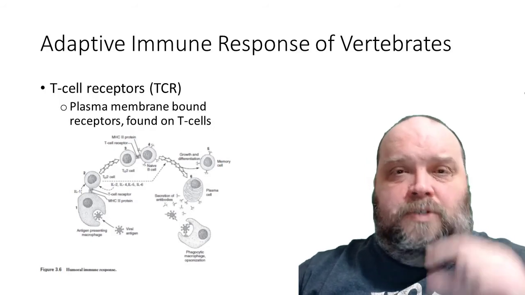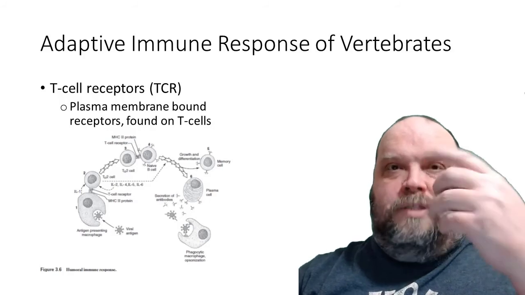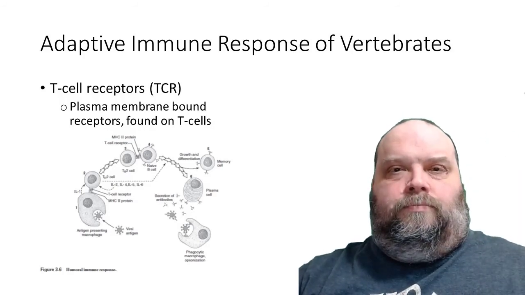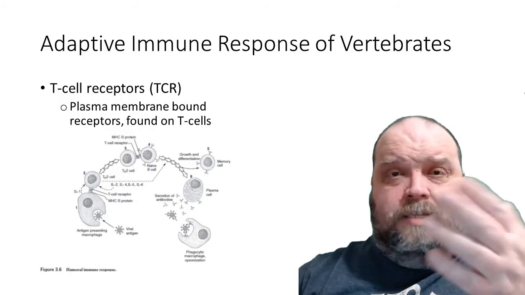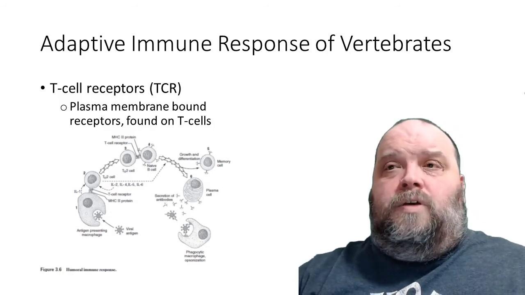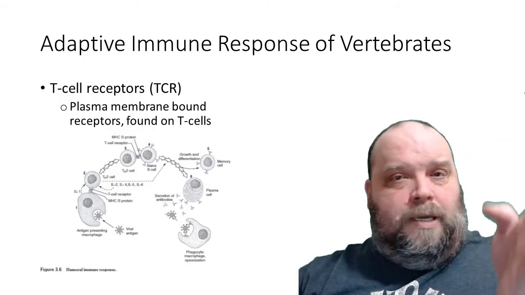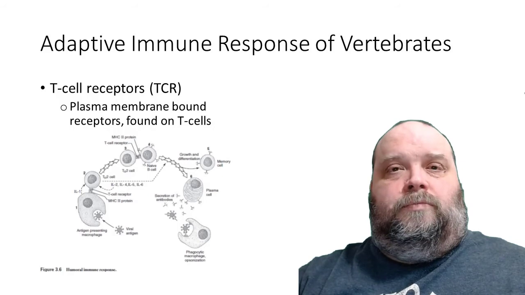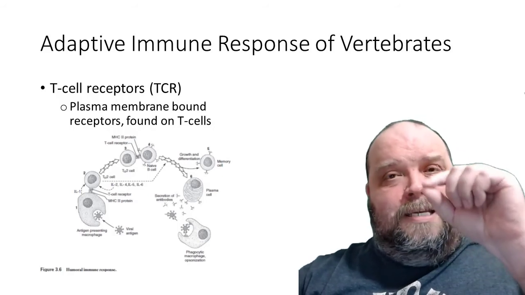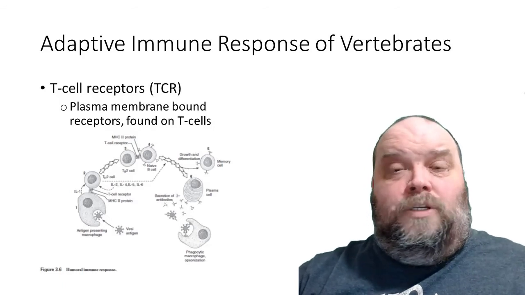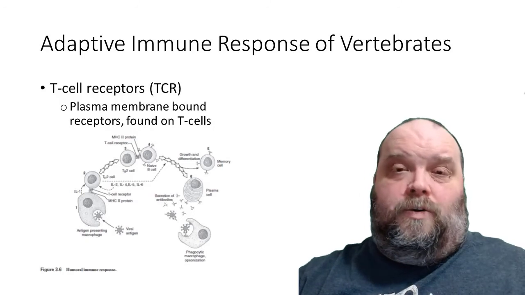Turns out T cell receptors have a portion that's constant and a portion that's variable. That variable region, just like with the antibodies, is going to be variable from T cell to T cell, B cell to B cell. And it's variable because the amino acid sequence that makes up that variable region is going to be different. Different primary, thus different secondary, tertiary, quaternary structure.